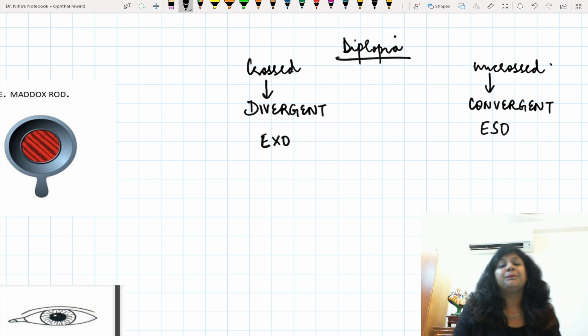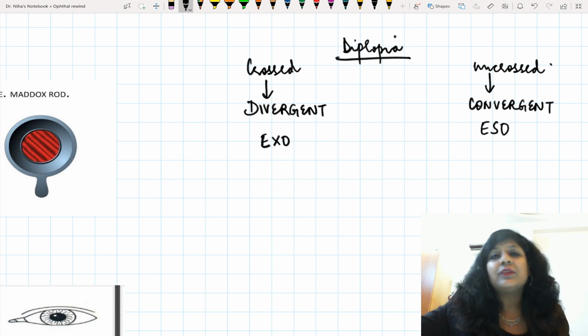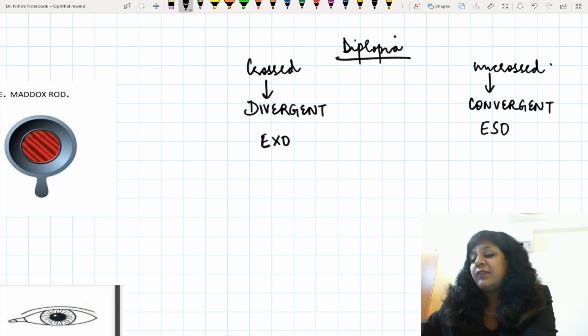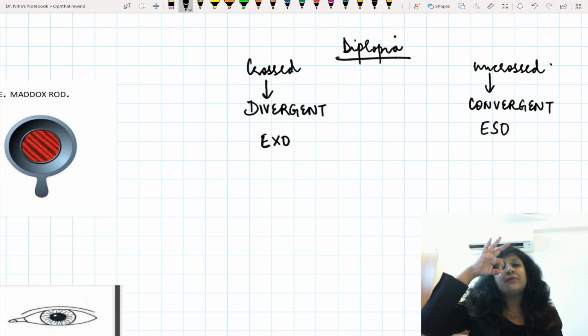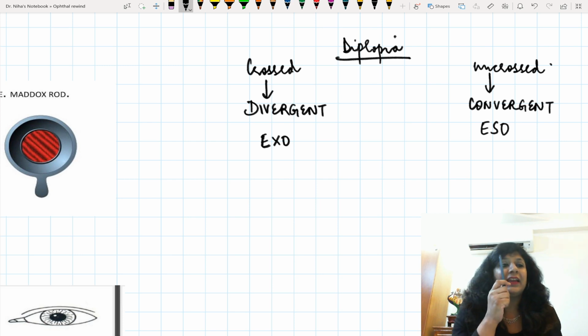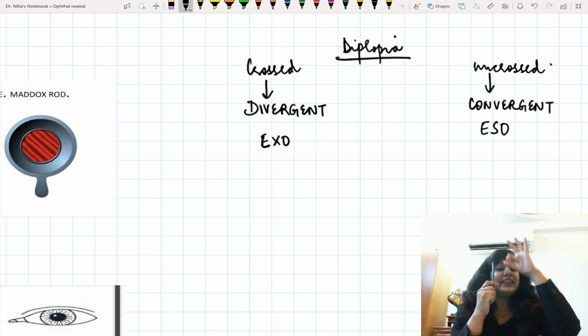This is one thing. Second important thing is what do you mean by crossed and what do you mean by uncrossed? See, if I am using the Maddox rod, now what is happening? The eye in front of which I am using the Maddox rod will start seeing a line, while the other eye is seeing a dot reflex.